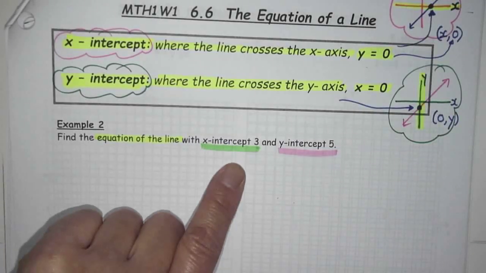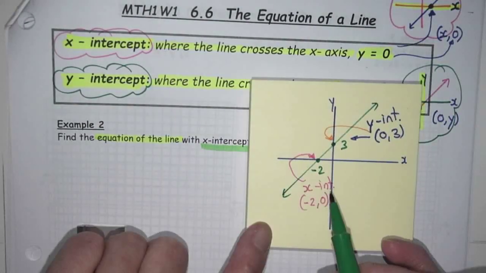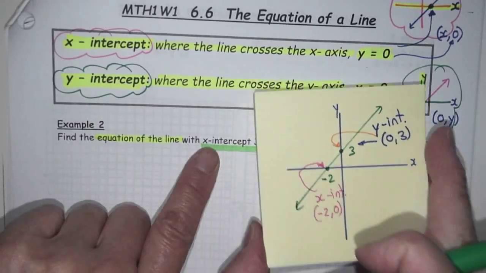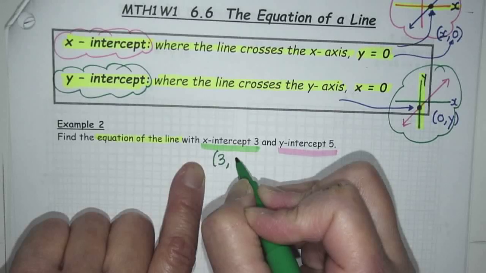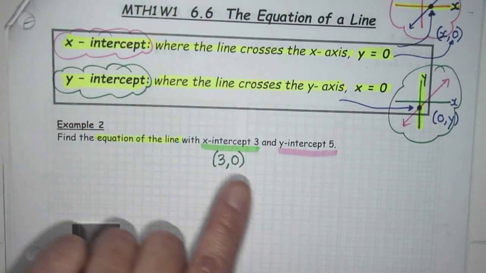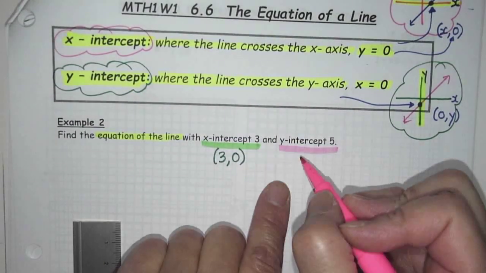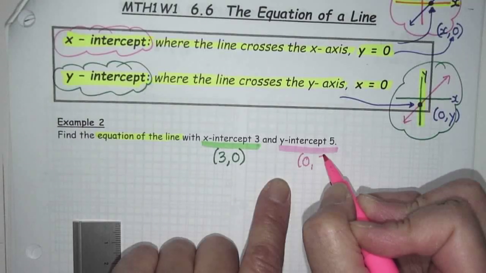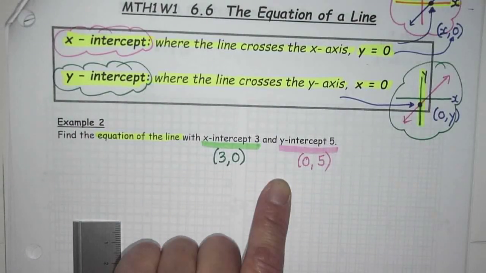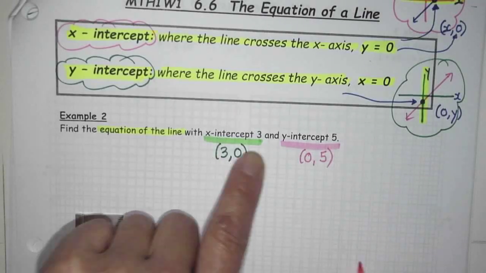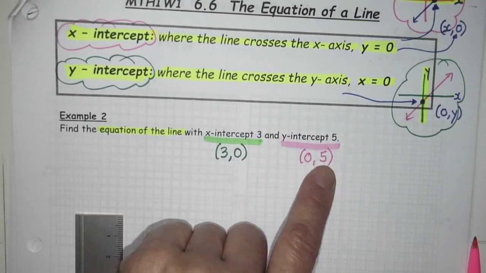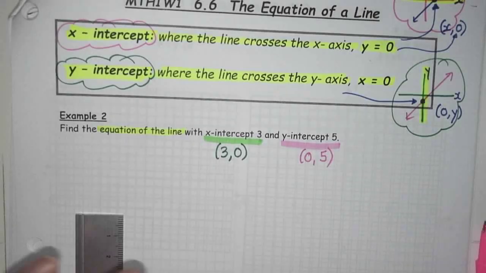For my x-intercept, I want you to do what I was showing you here and write it like a coordinate. So an x-intercept of 3 would be 3, 0. My y-intercept of 5 would be 0, 5. The x-intercept has x as 3 and y as 0, and the y-intercept has 0 for x and 5 for y.